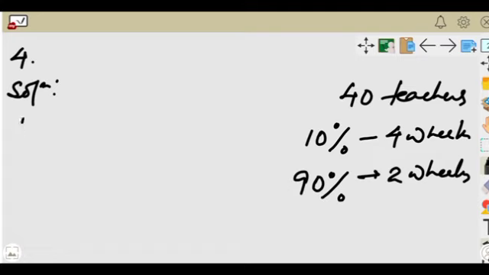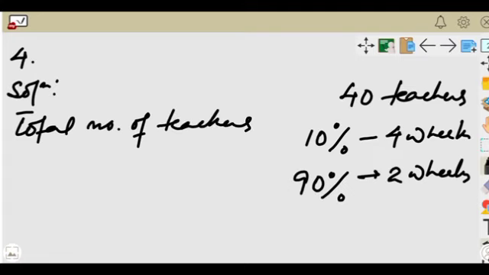Okay, total number of teachers, how much? No space here, so I'll just write 40. Okay, so let us find how many of the teachers have four-wheelers.